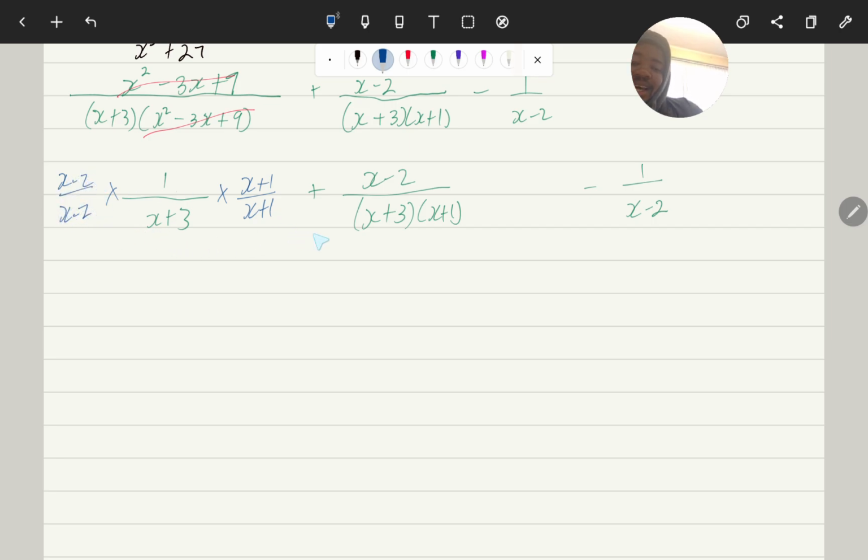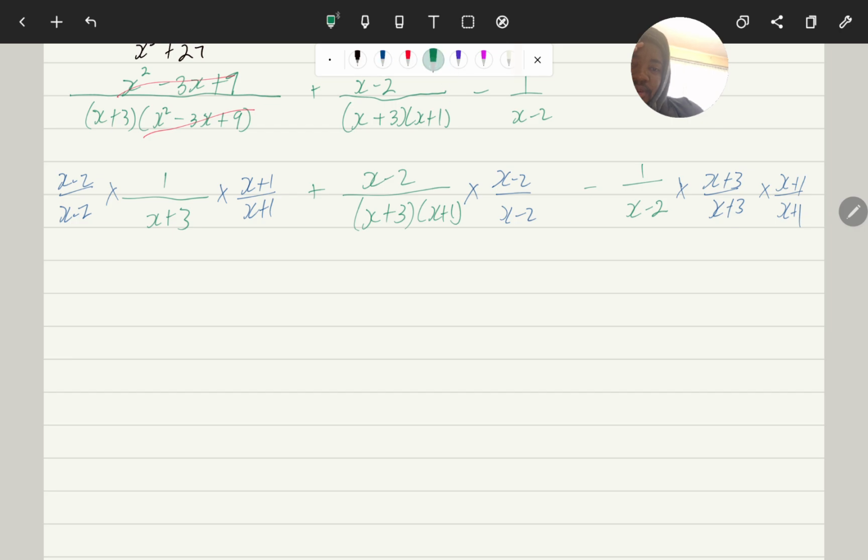Now our denominators have everything. Here you're just going to multiply by x minus 2 over x minus 2, and then here we don't have x plus 3 over x plus 3. We don't have x plus 1 over x plus 1, right?